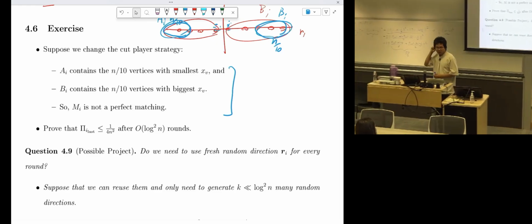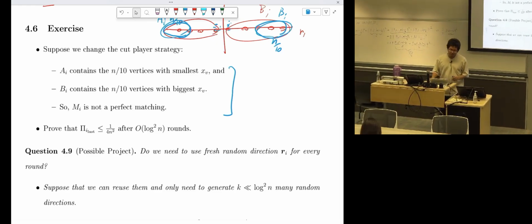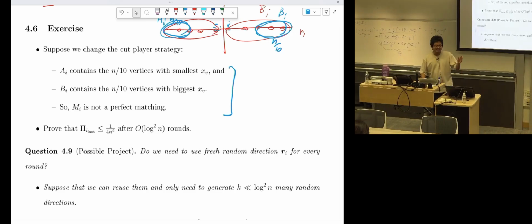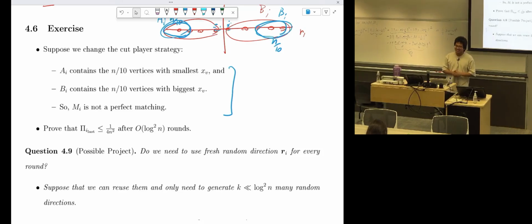If I choose R_i for one round and reuse this random direction for each iteration, I don't think that will work. But what if I choose this random direction R_1 and then use it again after log n rounds? Maybe things are fine. I don't know.